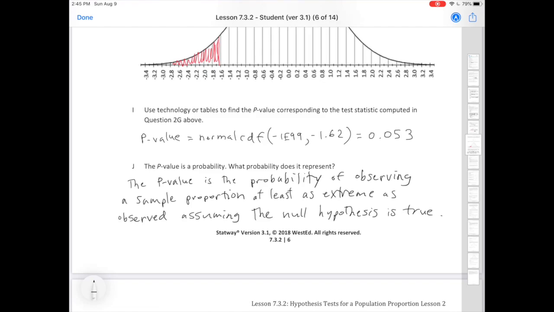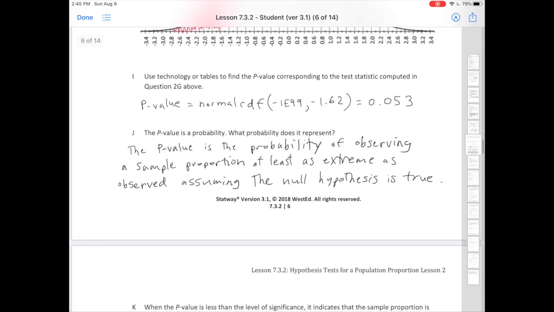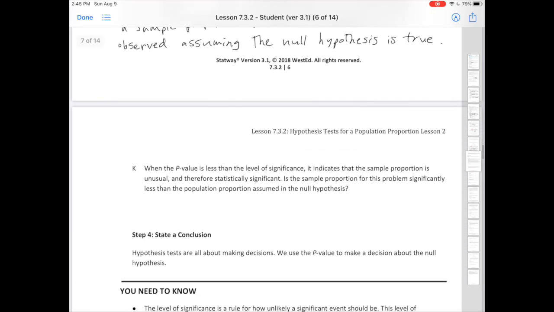And that's the most important part, right? So again, to remind you of what this means in the big picture, the probability of observing what we did, assuming the null is true, if we get a very low probability, then that means the null hypothesis is probably not true, okay? So let's keep going here.